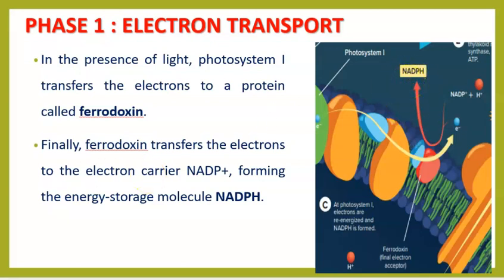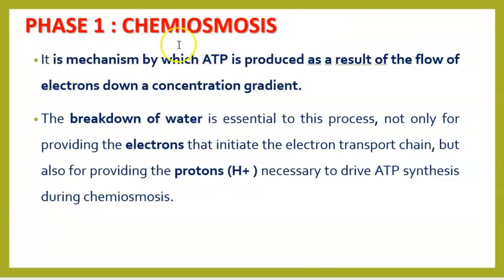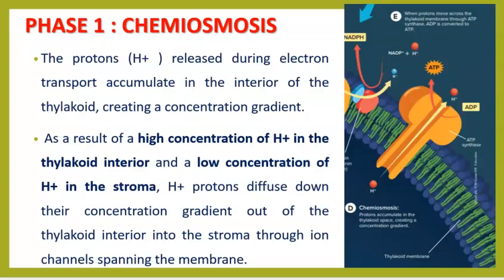Now it's turn for you to make ATP. How do you make ATP? This is done by a process called chemiosmosis. So what is actually happening? Look at this picture. When you're splitting water, you are continuously having H plus inside the thylakoid space.